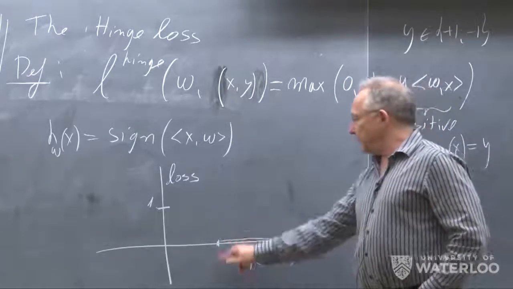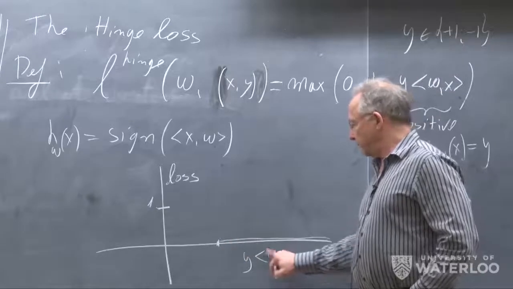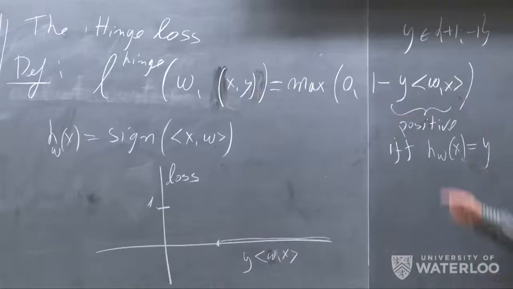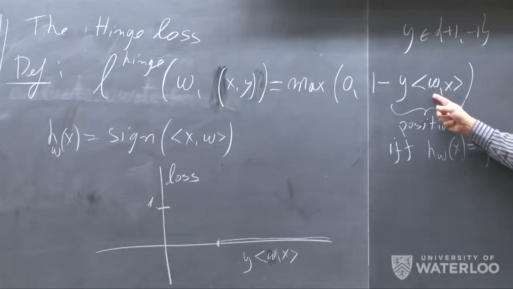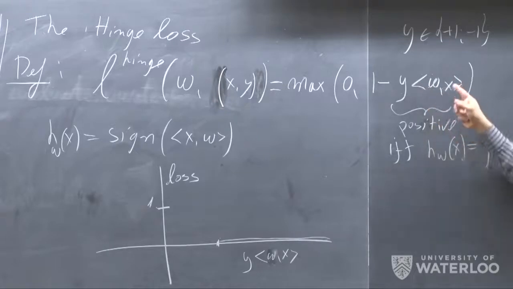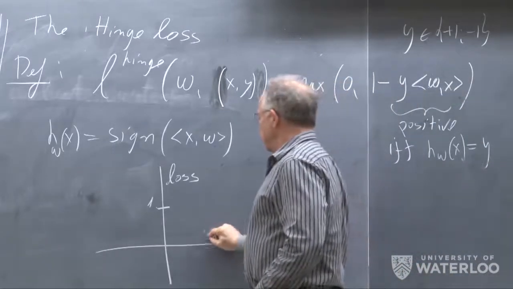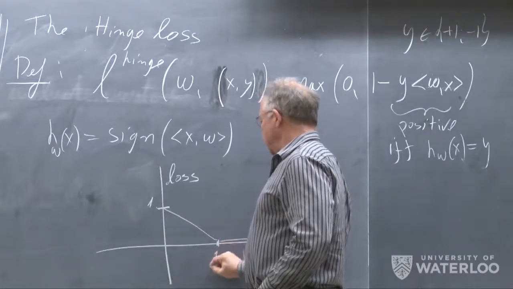Once the inner product becomes less than 1, then I have here a linear function. It's 1 minus this loss. So I get here a straight line that goes like this. This is 1.